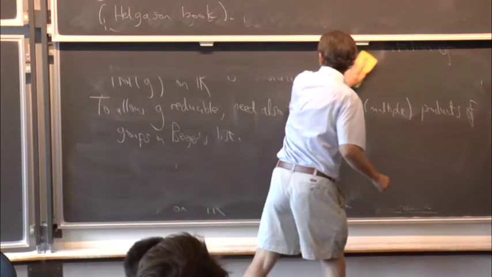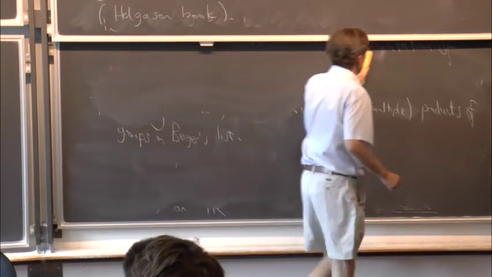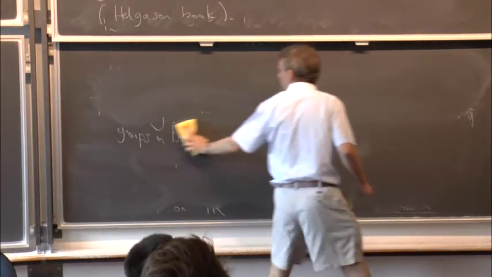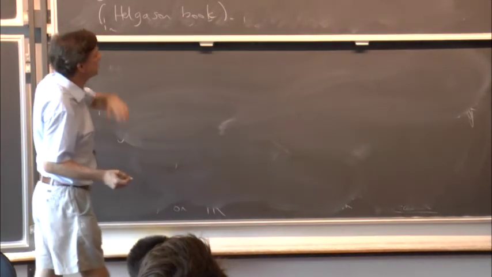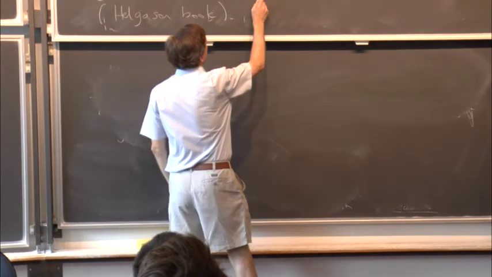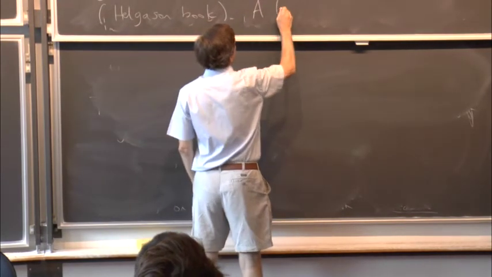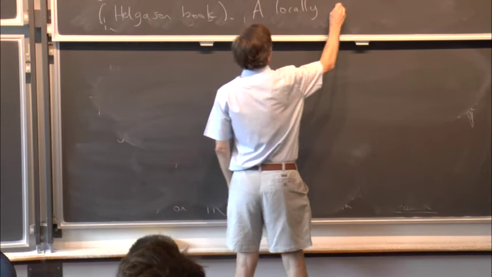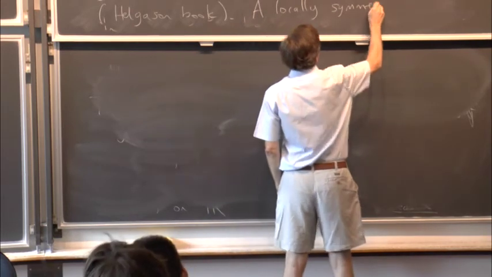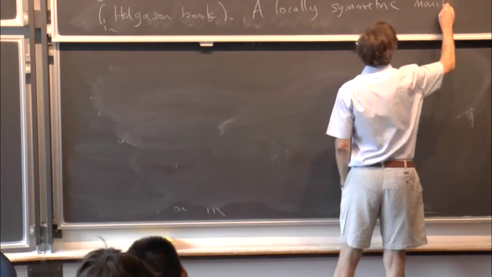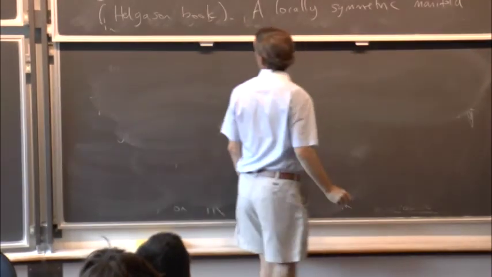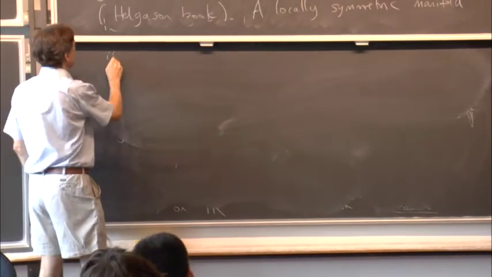So you can understand all symmetric spaces by what we know about Lie groups, and you can compute the holonomy groups of symmetric spaces as well. And a locally symmetric Riemannian manifold is locally isometric to a symmetric space.